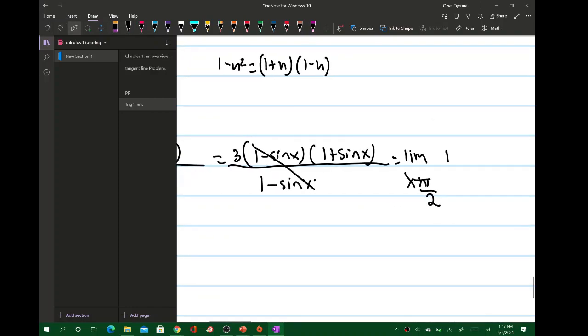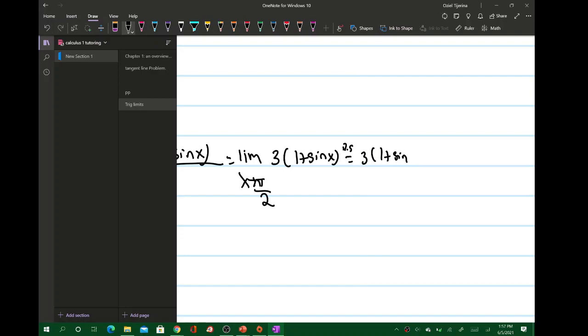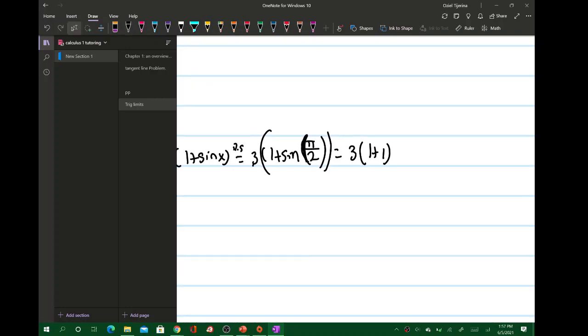Of 3 times (1 plus sine x), which by direct substitution is equal to 3 times (1 plus sine of pi over 2). This is equal to 3 times (1 plus 1), because sine of pi over 2 is 1. So then you have 3 times 2, so it's 6.